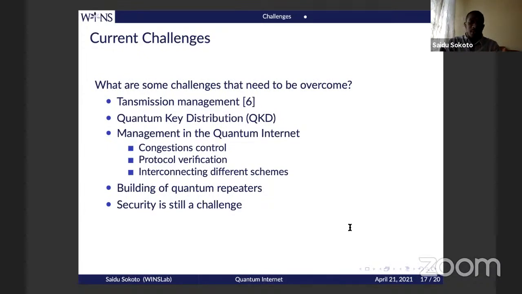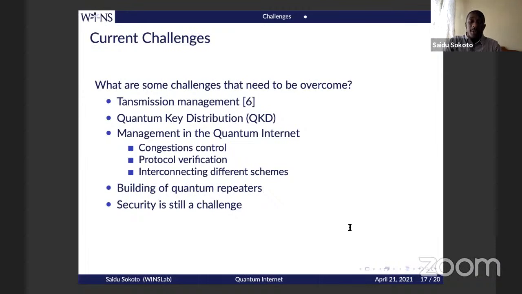Each organization is going to run its own internal, for example, routing algorithm or whatever. How are we going to interconnect all these things together when we finally have the quantum internet? These are all things that are open, and different people's input will contribute to the success that is yet to come.